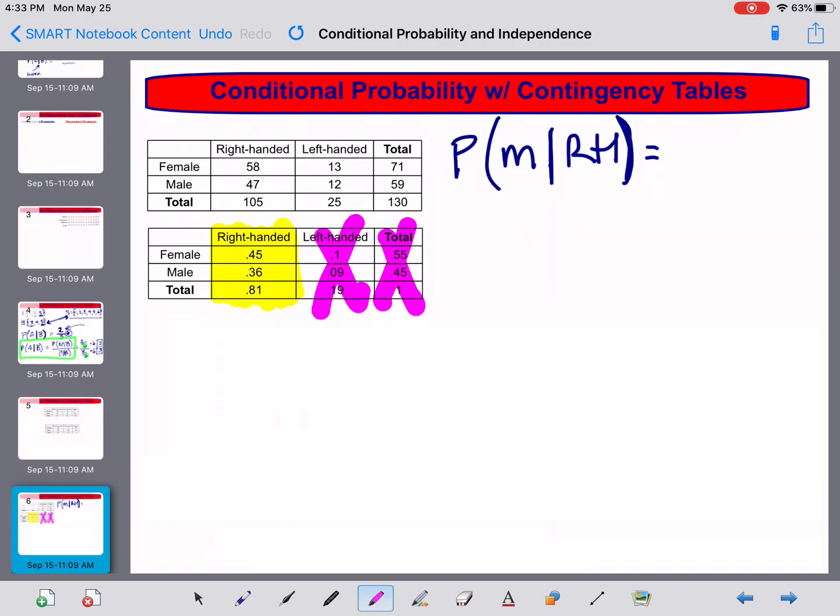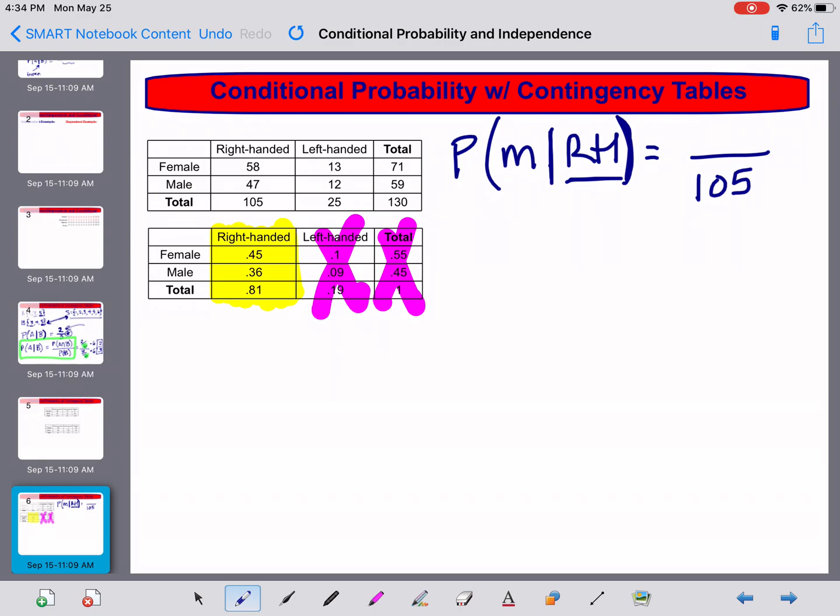That's the only place I'm living, what I'm already assuming is true. So that's what the conditional piece does. It brings in where my world is. So given it's a right-handed person, I'm only dealing with 105 people. So given that it's right hand, what is the probability that it's male from there?